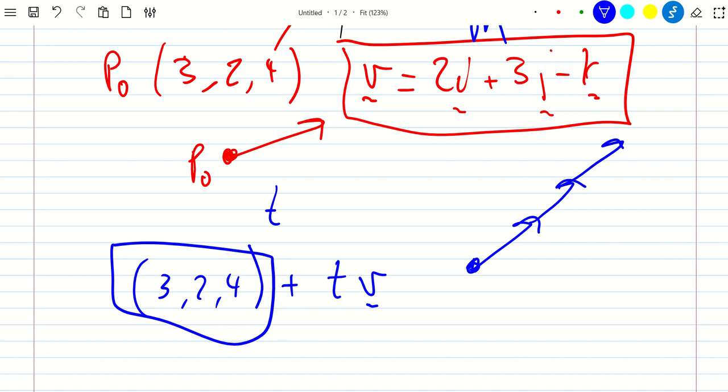That won't make a whole lot of sense now, but when I start doing examples, hopefully you'll see that we're starting at a point and shooting off in the direction of the vector. And each time t increases, that point gets further and further away from where it started, in whatever direction is defined by this vector v. I hope that makes sense.